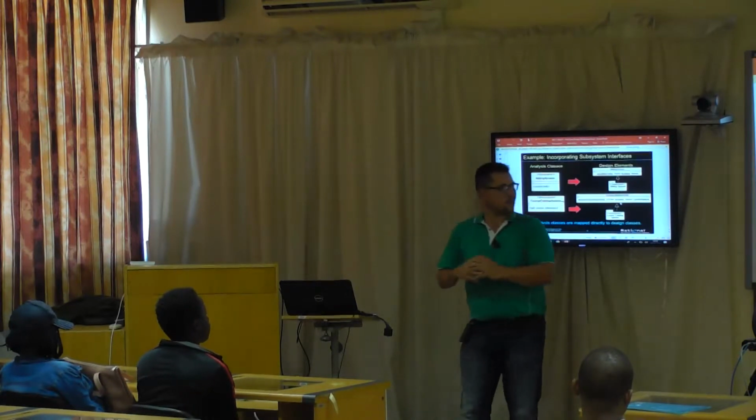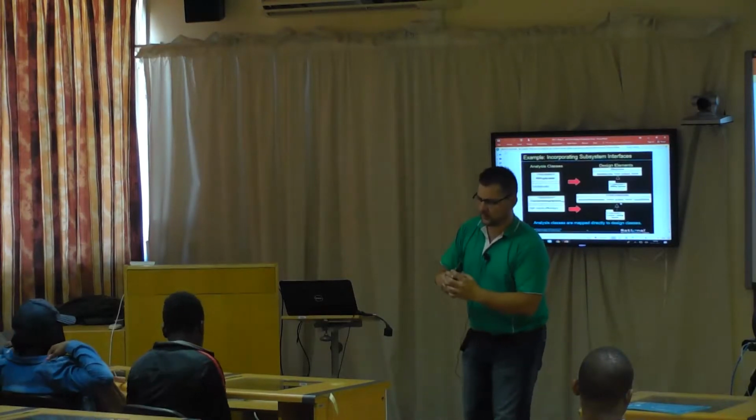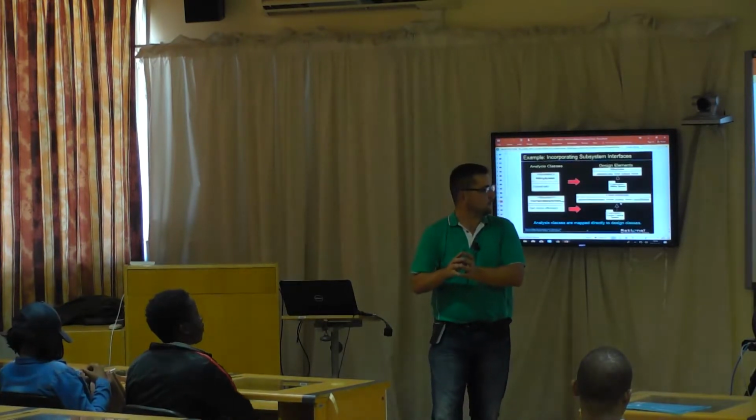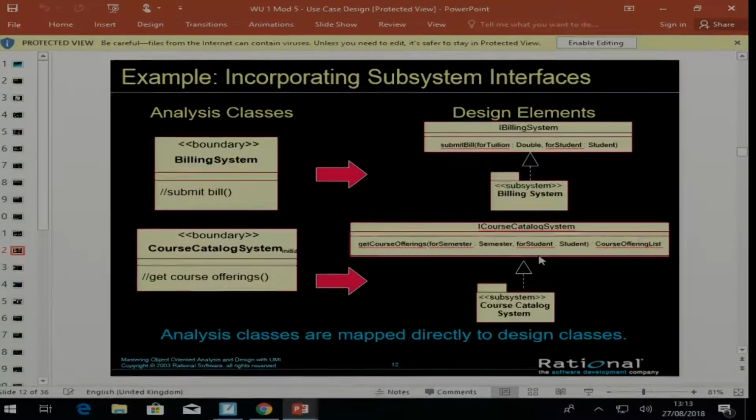Okay. Now in this case, they've just mentioned to us that we have a billing system, and to actually get to the billing system we need to go through an interface. And then there's also a course catalog system, and we go to the course catalog system through that specific interface, getting into the subsystem.